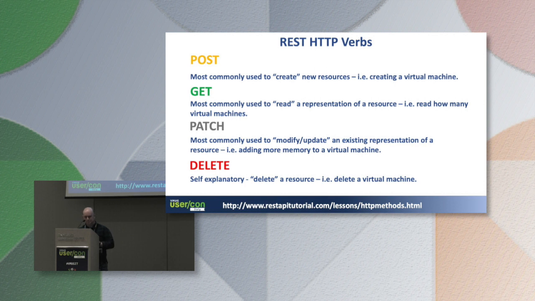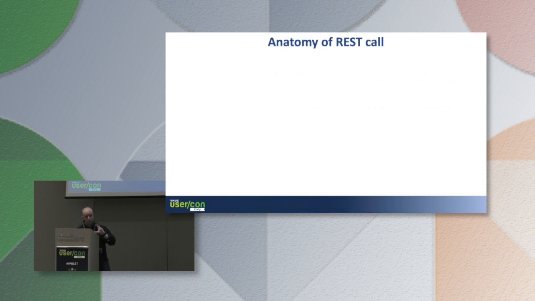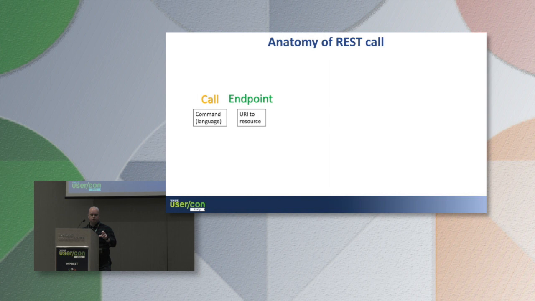Okay? So let's break down the makeup of a REST call. We start with the call, funnily enough. This would be the command language, so it would be either curl or Invoke-RestMethod, or depending on the programming language you're using, this would be the first part. The second part is your endpoint, the unique resource identifier to the resource.